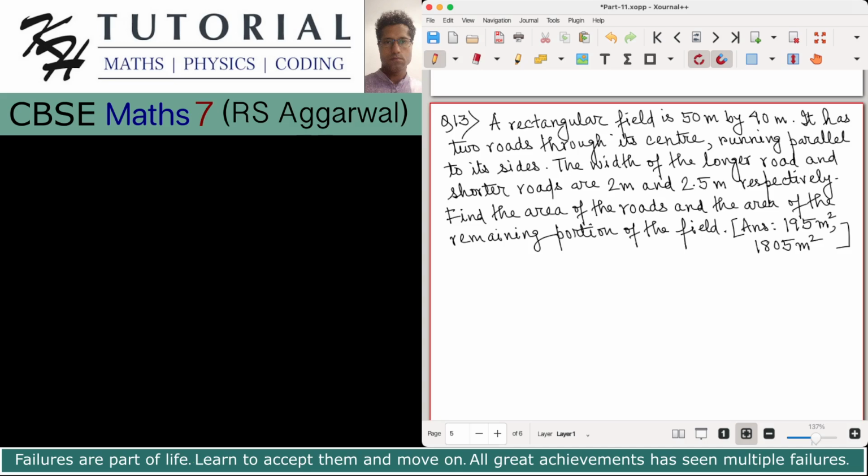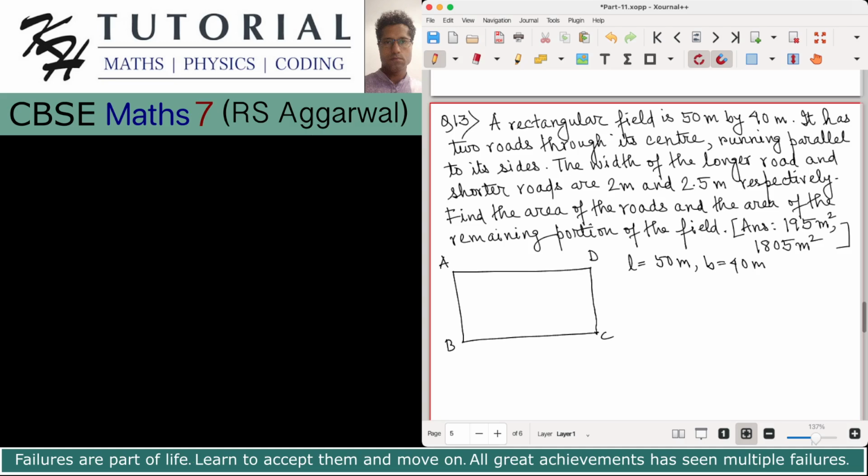The longer road means the road which is running parallel to the length.